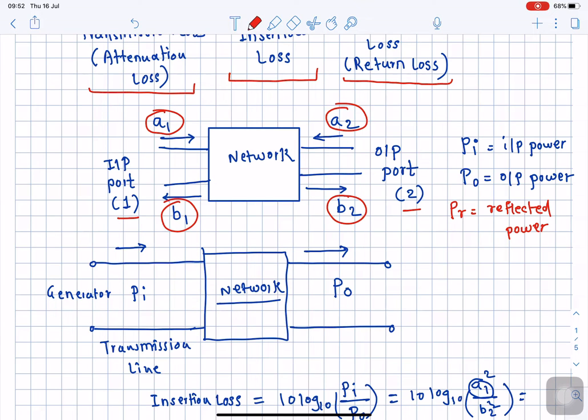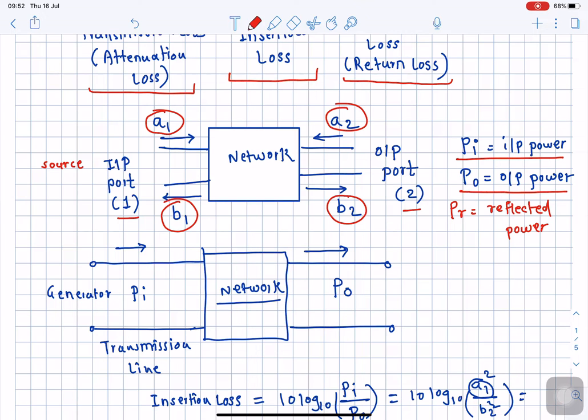Let us say at port 1 we have connected a source of power. This source is operating at microwave power, remember. Let us say Pi is the input power which we feed at the input port, and at the output port we get certain power, which we denote with the letter Po.